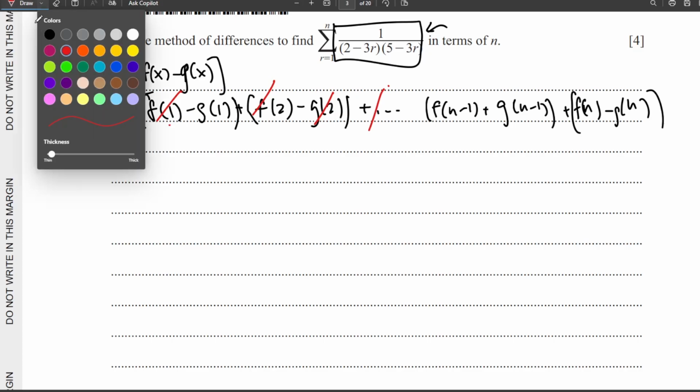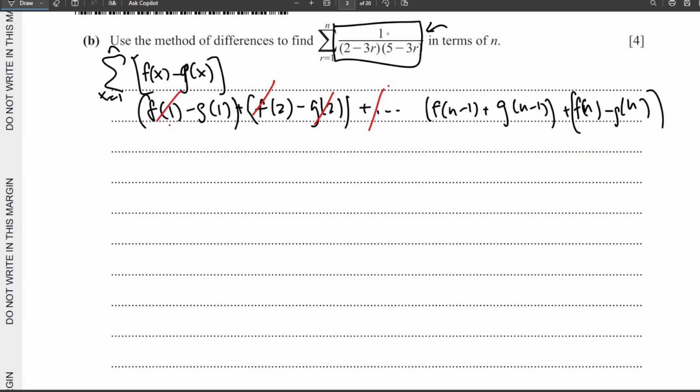In this case, how we make it into two different functions: you can see it is a rational function with two first order factors on the bottom. So we can use the partial fraction method. I hope you have learned this already.